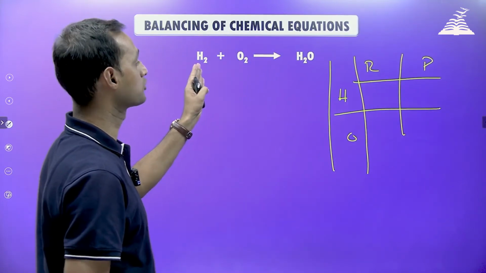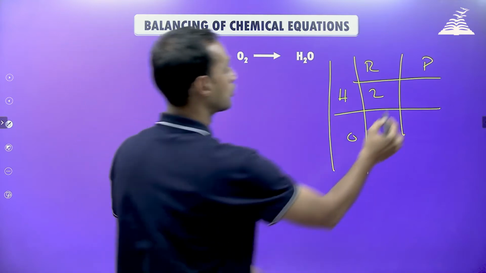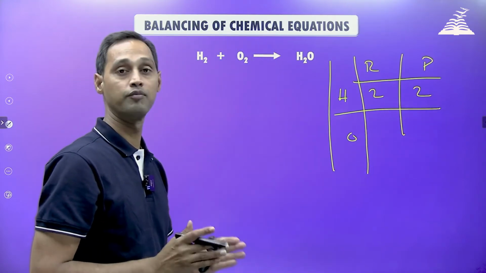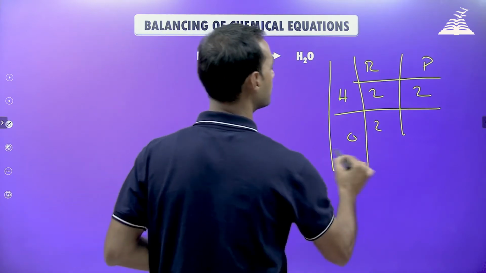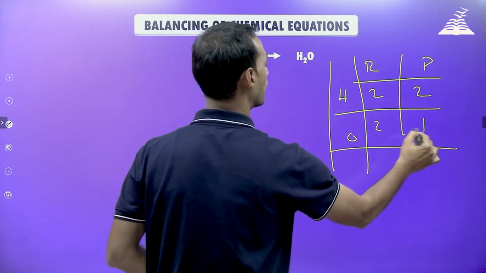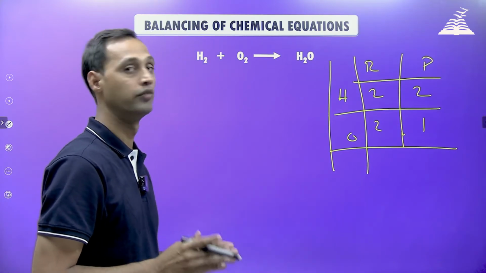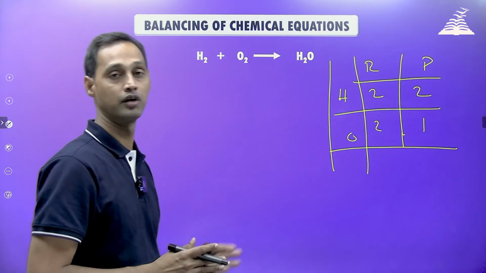Reactant side number of hydrogen atoms, 2 hydrogen atoms, and product side also 2. Number of hydrogen atoms are okay, they are balanced. Number of oxygen atoms, 2 on the left side and only 1 on the right hand side. So we need to make sure the number of oxygen atoms are equal on both sides of the equation.